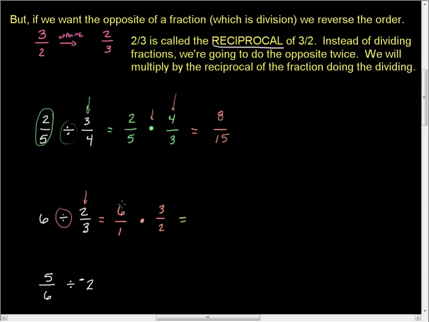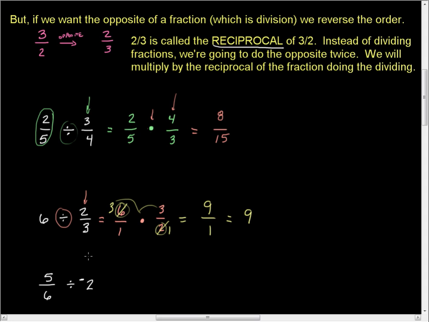And so 6 and 2 have common factors of 2. 2 divided by 2 is 1. 6 divided by 2 is 3. And so we have 3 times 3 is 9. 1 times 1 is 1. And any number divided by 1 is itself. Okay, so that's just division of fractions.